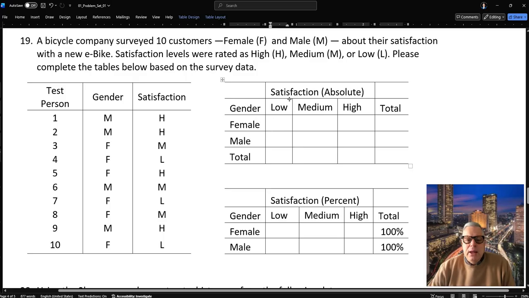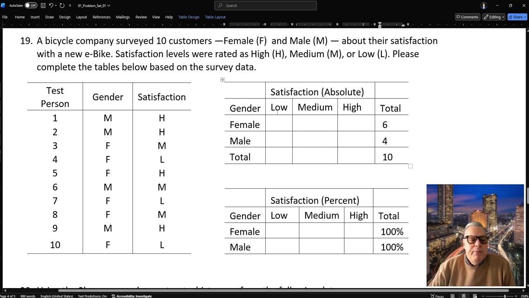So how many females do we have in total? So we have 1, 2, 3, 4 males, and we have 1, 2, 3, 4, 5, 6 females. So that means we have a total of 10.